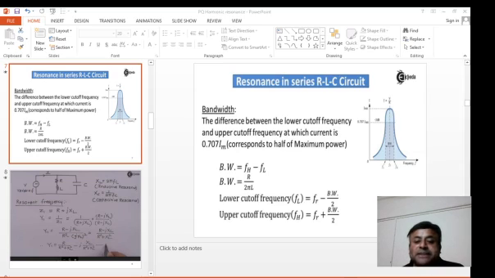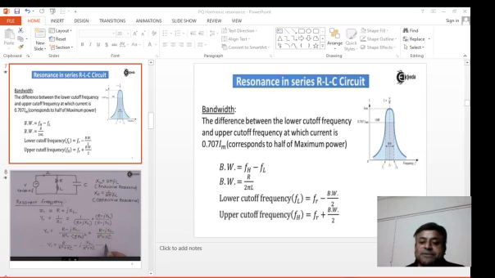So bandwidth is FH minus FL, where FH is the upper cutoff frequency and FL is the lower cutoff frequency. Bandwidth is obtained by the ratio R upon 2 pi L, where the lower cutoff frequency FL is given by FR minus bandwidth upon 2, and the upper cutoff frequency FH is given by FR plus bandwidth upon 2.